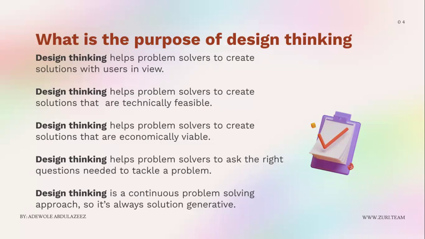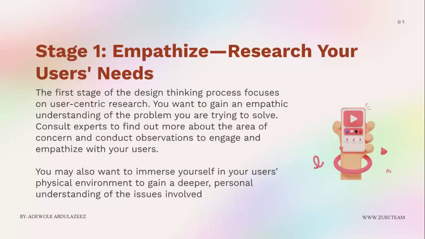So moving on. Stage one, which is the empathize stage, you research your users' needs. They said the first stage of the design thinking process focuses on user-centric research, in the sense that the user is in the middle. It's from the viewpoint of the users. So you want to gain an empathic understanding of the problem you are trying to solve.